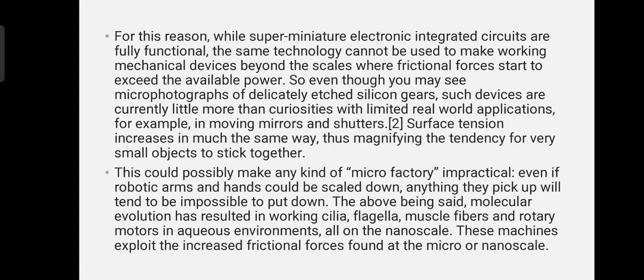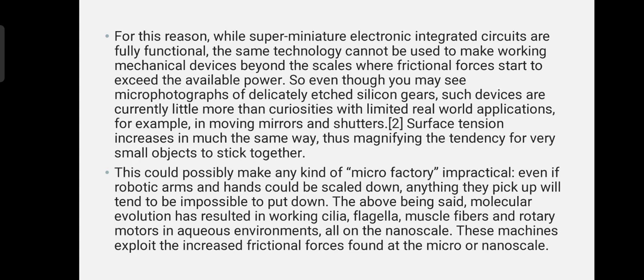For example, in moving mirrors and shutters, surface tension increases in much the same way, thus magnifying the tendency for very small objects to stick together. This could possibly make any kind of microfactory impractical.